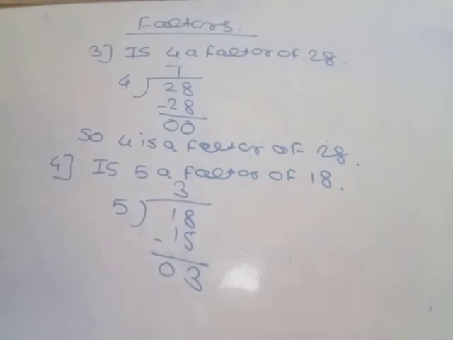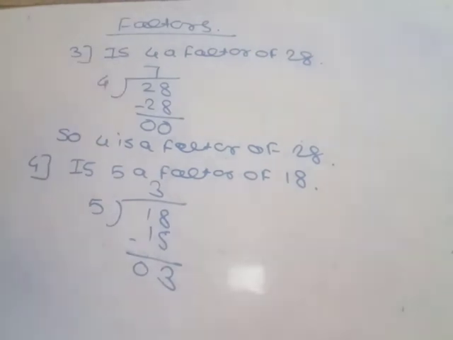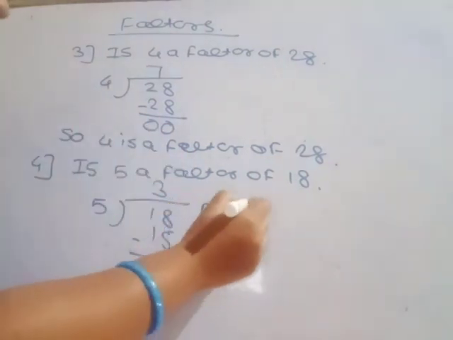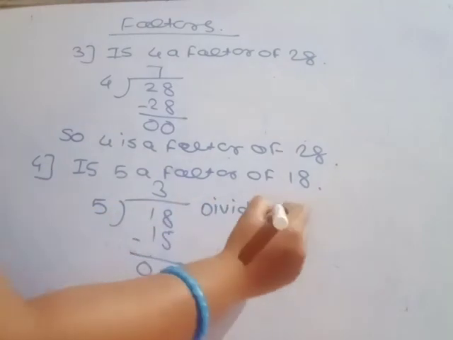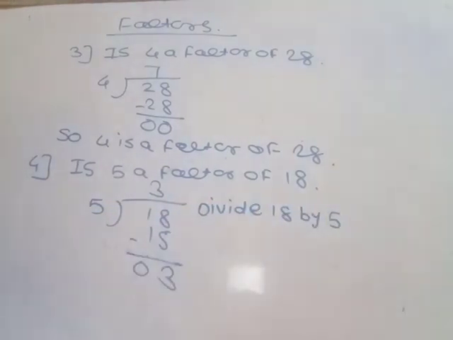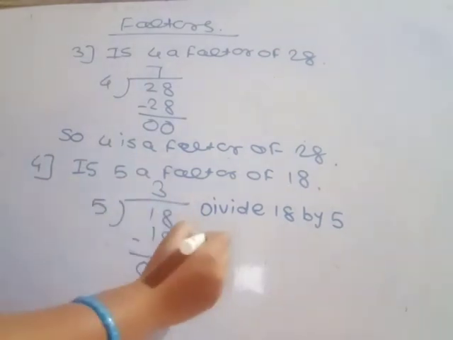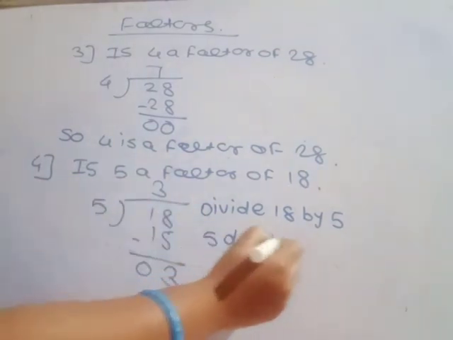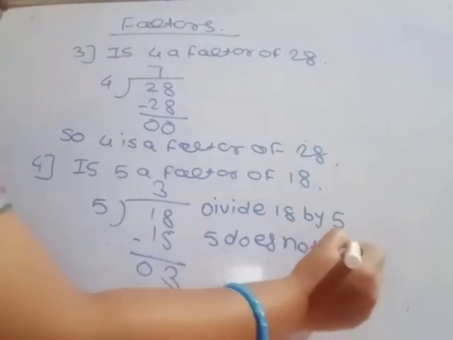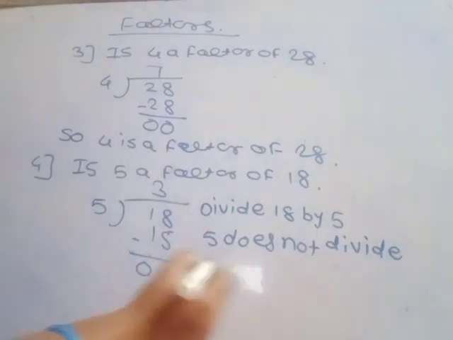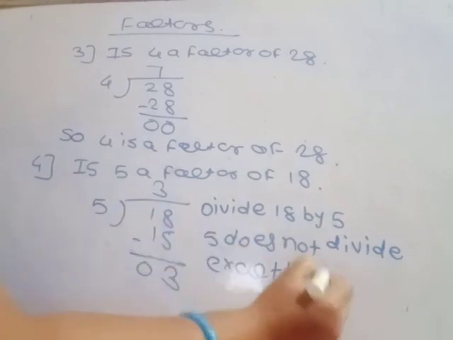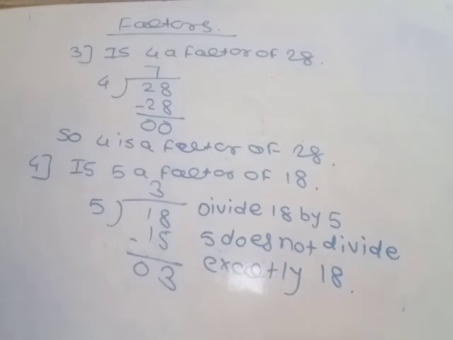You write the detailed information in this way. See, divide firstly 18 by 5. Then you write, 5 does not divide 18 exactly.